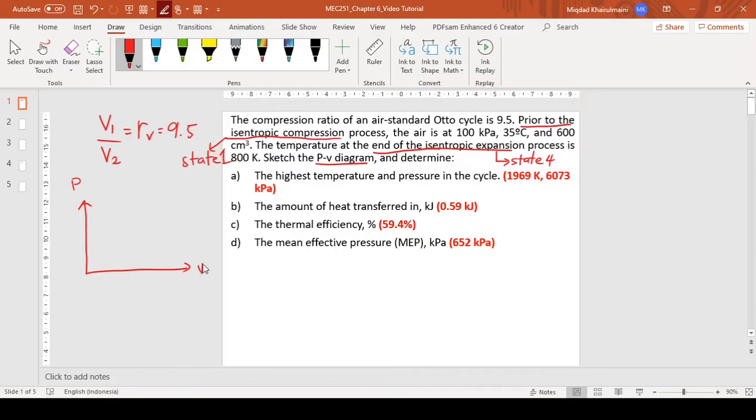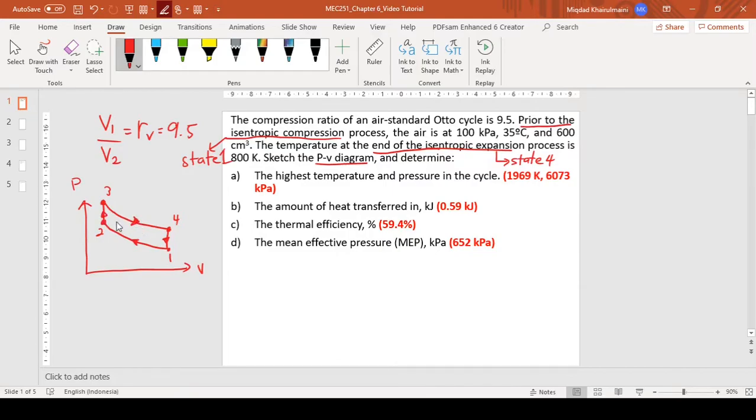We have state 1, isentropic compression to state 2, constant volume heat addition to state 3, then isentropic expansion to state 4, and then constant volume heat rejection to state 1. So this is the PV diagram for the Otto cycle.